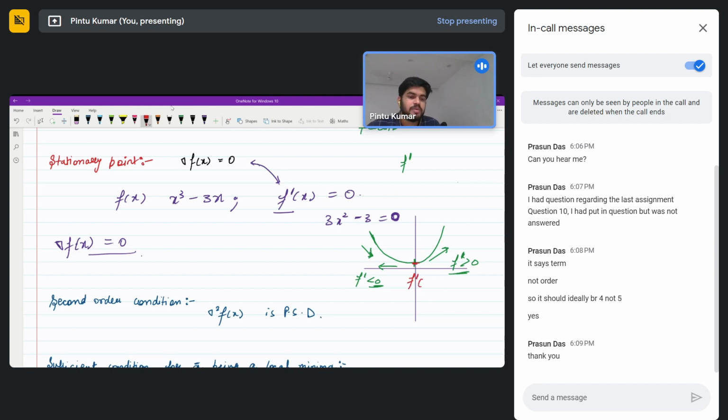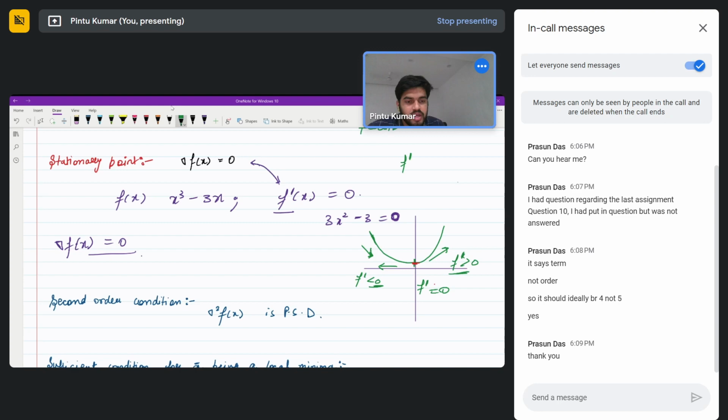Your derivative can't jump values. Whenever your function is continuous, it can't jump values. But even if your f dash is not differentiable, it satisfies this property that there would be a point where f dash is equal to 0.